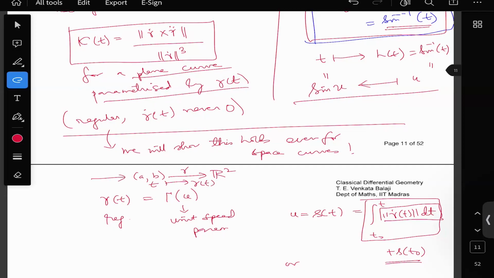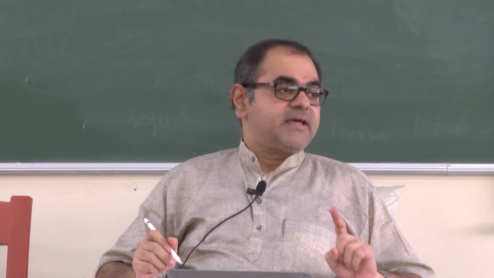Then we wanted a reparameterization by another variable u, where u goes to t, and we wrote g of u equal to t. And this g inverse is exactly the arc length s, assuming that g is monotonically increasing. If you had assumed g is monotonically decreasing, you would have got a negative sign.